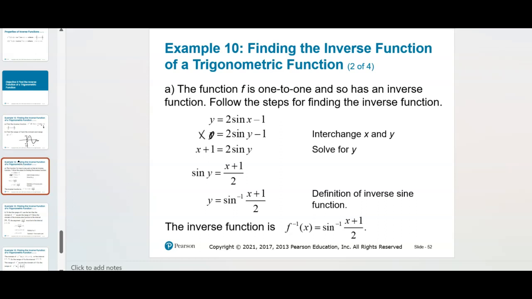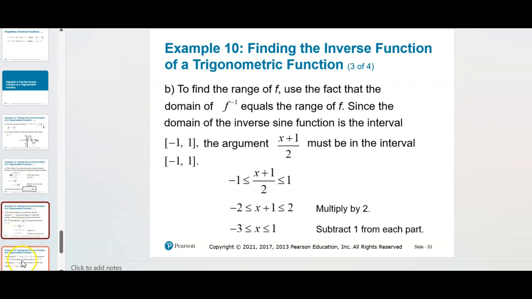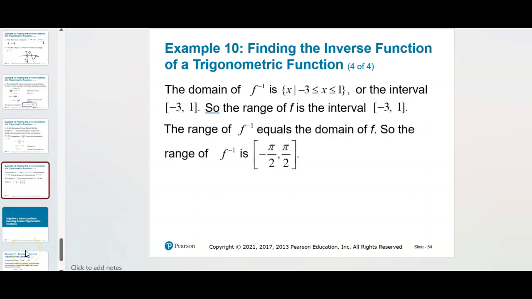Sorry about that. And then we solve for the new y, and we get sine of y equals x plus 1 over 2. So that means y is sine inverse of x plus 1 over 2. And then we go back to the inverse trig function notation. So there is our inverse function. The domain of that inverse function is negative 3 to 1. The range is negative pi over 2 to positive pi over 2. All right, so range becomes domain, domain becomes range when we switch from a function to its inverse.